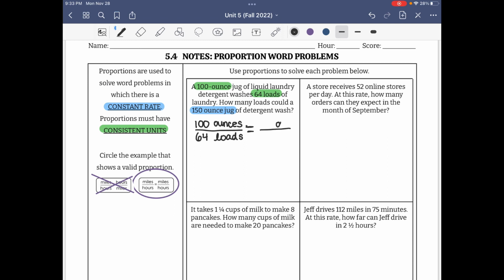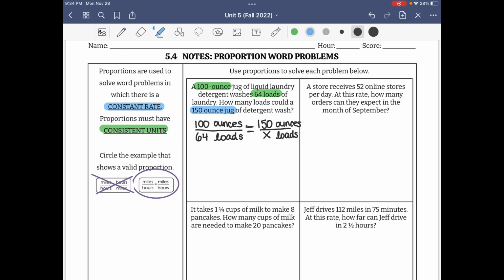Well, we have to keep it ounces over loads of laundry. So, since 150 is in ounces, it goes on the top. And we don't know how many loads it can wash, so what do we put when we don't know something in math? A variable like x, or y, or z, or question mark. Use a smiley face for all I care. You just have to put something there to represent the unknown number.